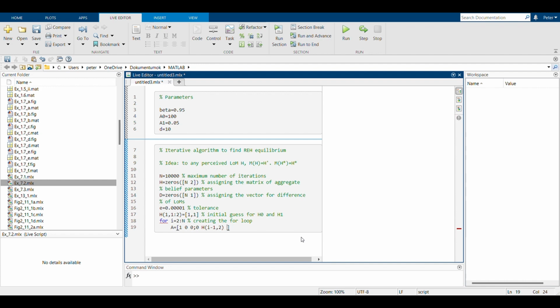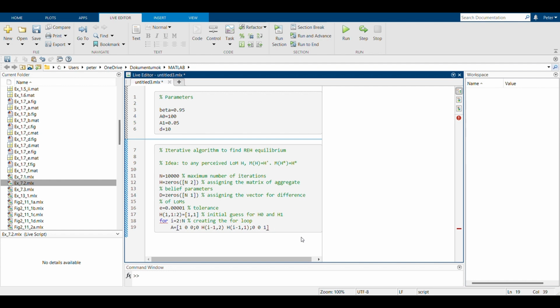Okay, so here we are indexing into that matrix to get the belief parameters. In the first row of the matrix we have an initial guess, and in the first round of iteration we will use this initial guess, and in each round we will update this matrix.